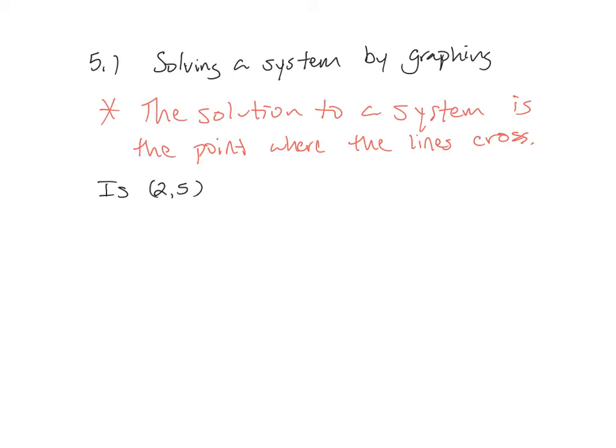So is 2, 5 a solution? And we'll have x plus y equals 7 and 2x minus 3y equals negative 11. So a system is just more than one line.